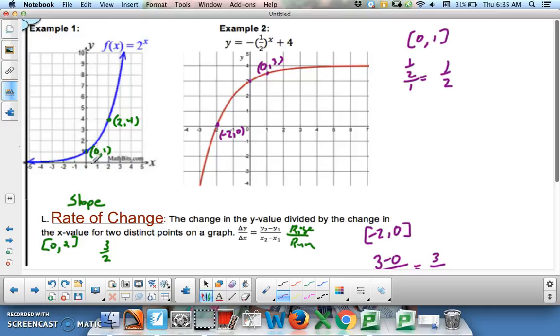If I go from 0 to 1 here, that's going to be a slope of rise 2 and run 1. That's a whole different slope. So you've got to pay attention to what interval we're asking for and make sure you're looking at the right points on that line, because it is going to drastically change as you move across.